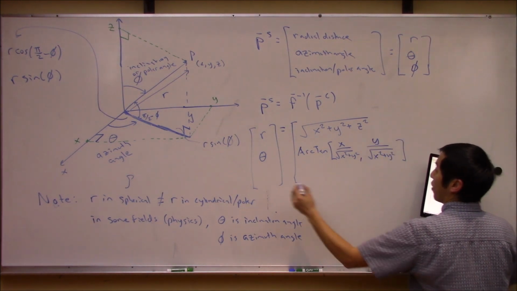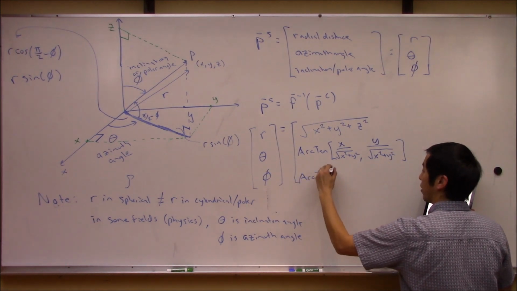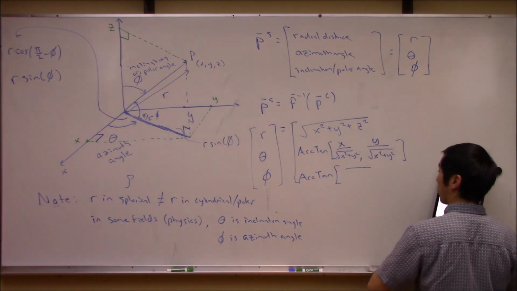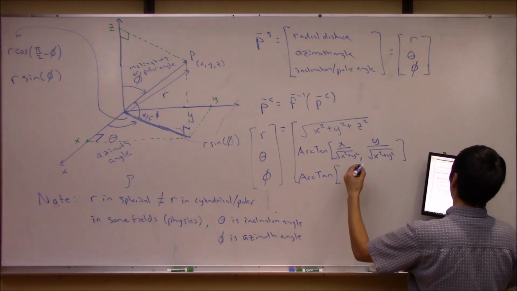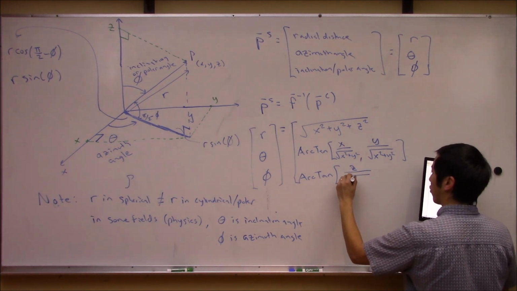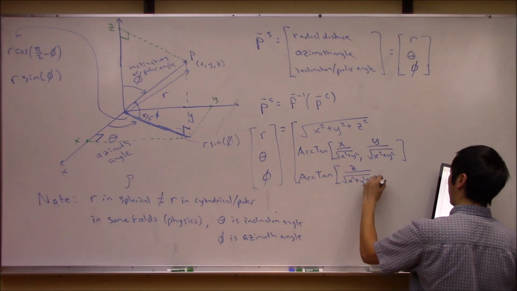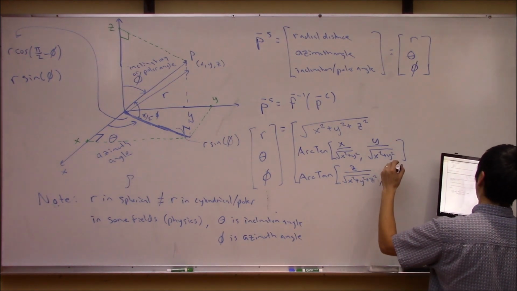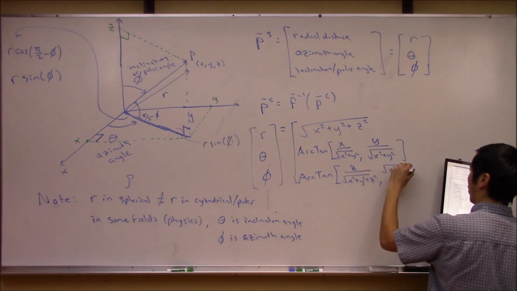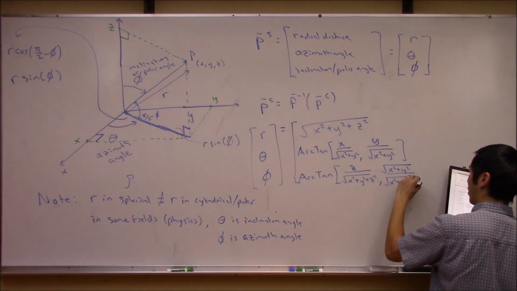Okay, and then phi was arctan of, let me see, oops, no, sorry, this one was just z. This is just z all over square root of x squared plus y squared plus z squared. And then the second input argument was going to be square root of x squared plus y squared all over square root of x squared plus y squared plus z squared.